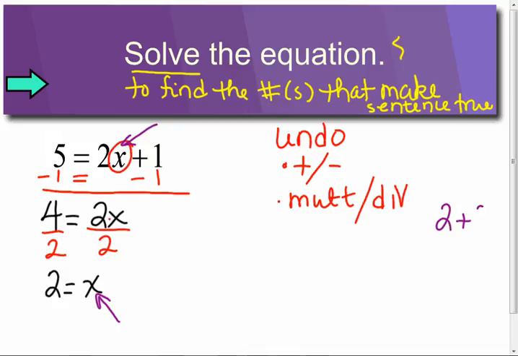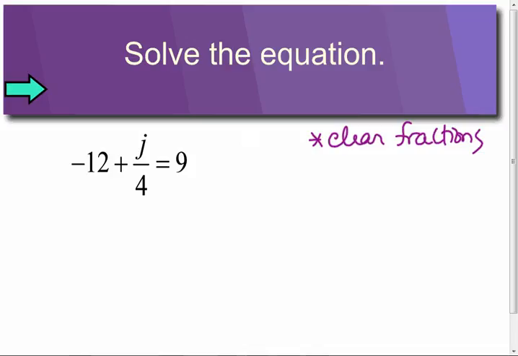What's the answer to 2 plus 3? It's 5. 5 is not a solution. There's no sentence. That's a math phrase. We can simplify it. We cannot solve it. And some of you are thinking, why does she care about that? It makes a difference when you get into higher level math. If you don't know what these words mean, you don't know what to do. So we're going to work on it now.